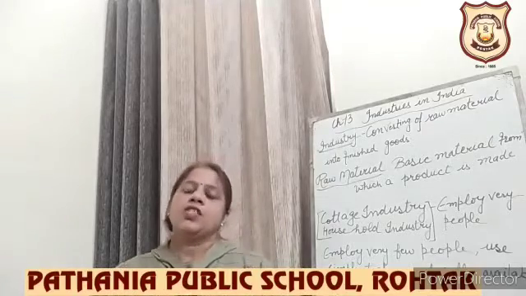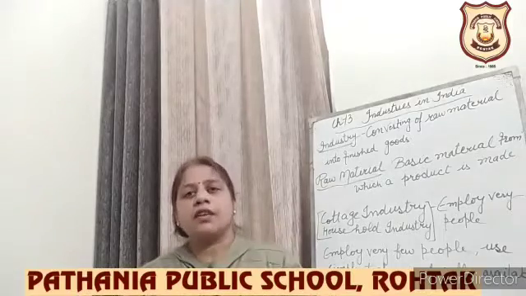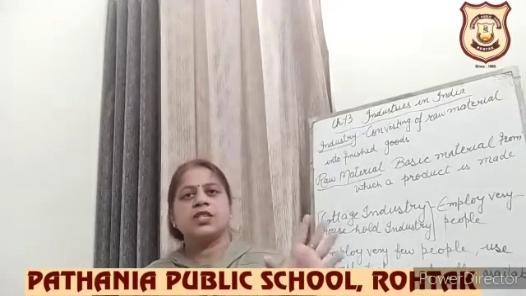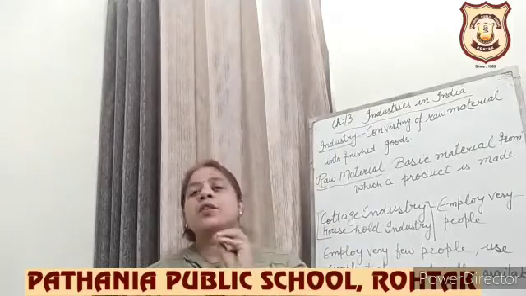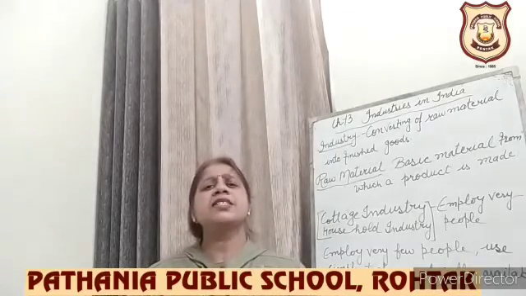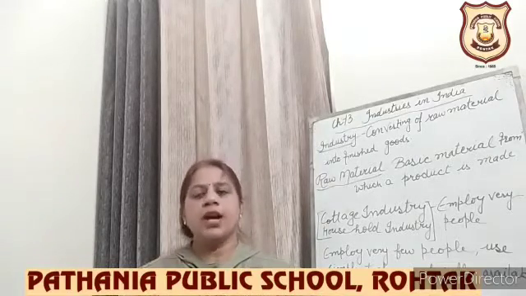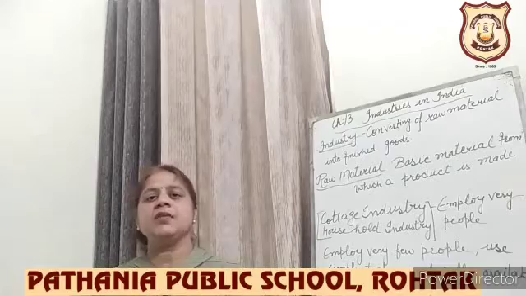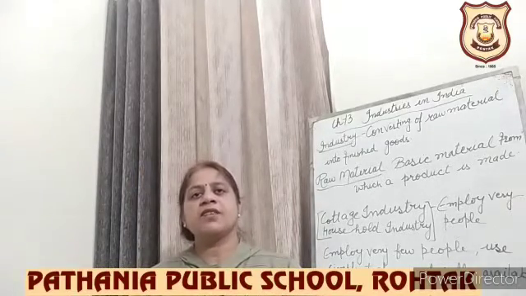Okay children? अच्छा, एक इंडस्ट्री को सेट करने के लिए, एक इंडस्ट्री के सेटअप के लिए किस किस चीज की रिक्वायरमेंट है? Finance is required to set up the factory, buy land, machines, buy raw materials and pay salaries to workers, isn't it? मतलब जो लोग वहां काम करते हैं उनको सैलरीज देनी है, उसके लिए भी फाइनेंस रिक्वायर्ड है. लैंड परचेज करना है, उसके लिए भी फाइनेंस रिक्वायर्ड है.